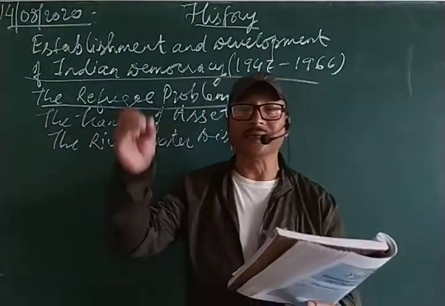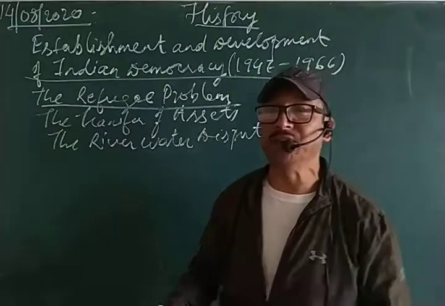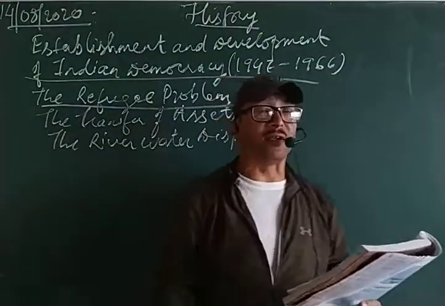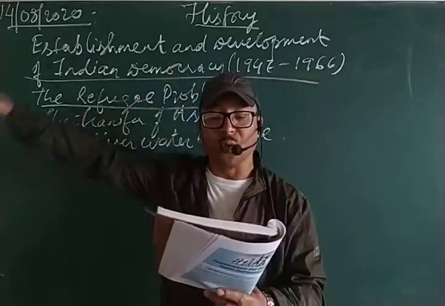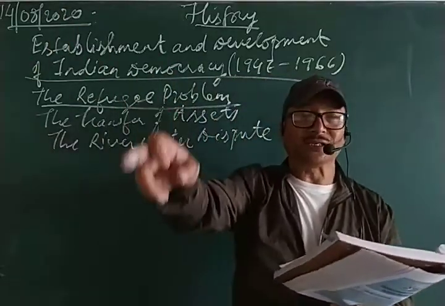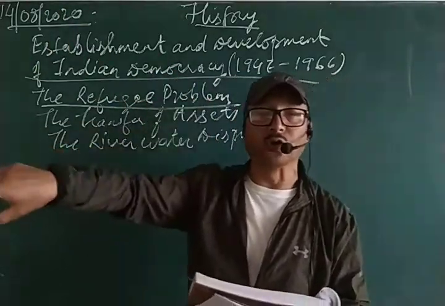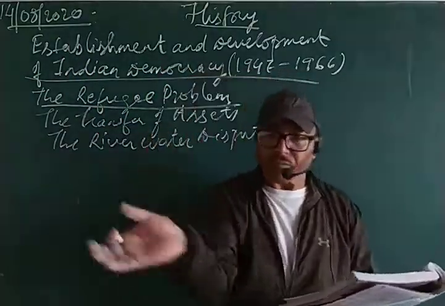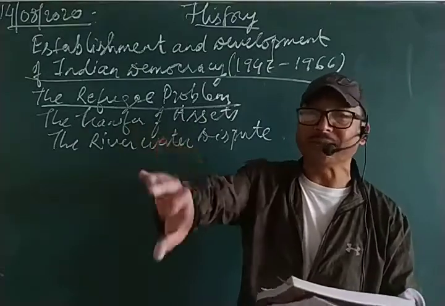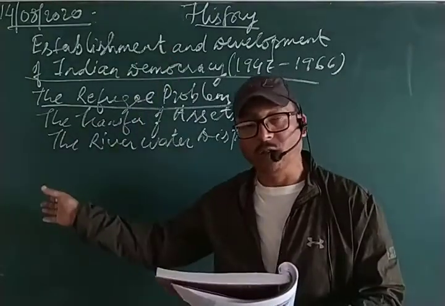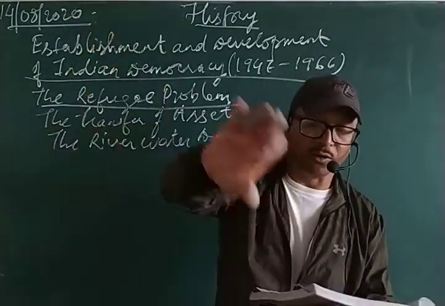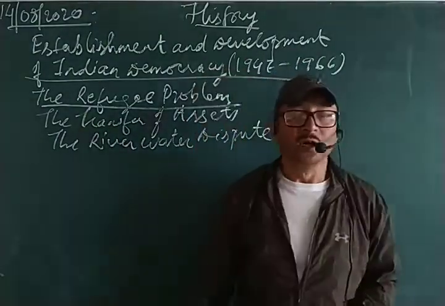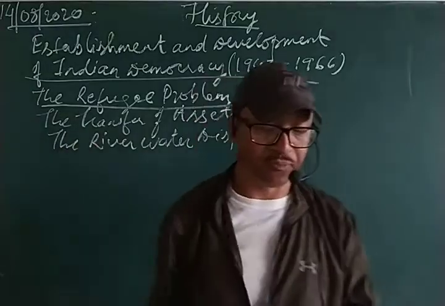Huge numbers of people started migrating from East Punjab to West Punjab, or from west to east. Similarly, Bengal was divided into West Bengal and East Bengal, and most of the population started migrating between them. This is the biggest migration ever known in world history.